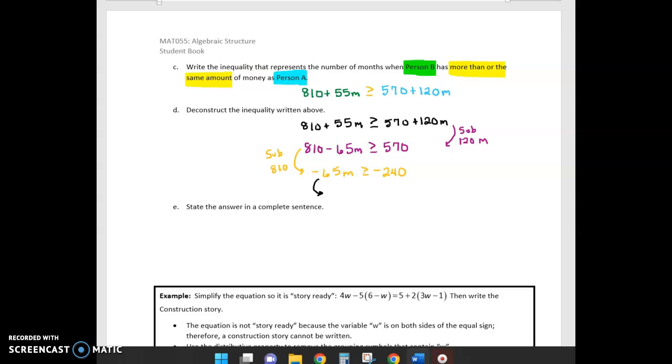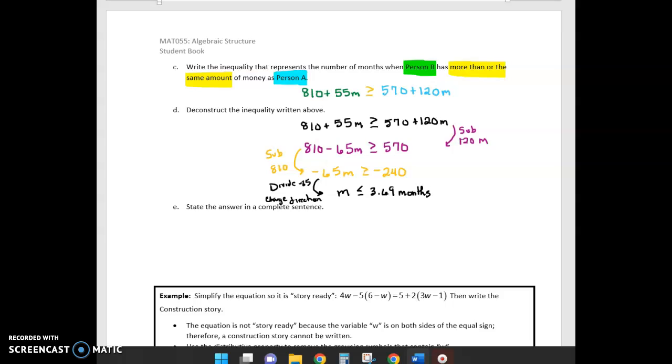So we're going to divide by negative 65 and change direction. And so M is less than or equal to, and I'm going to round this answer to 3.69 months.